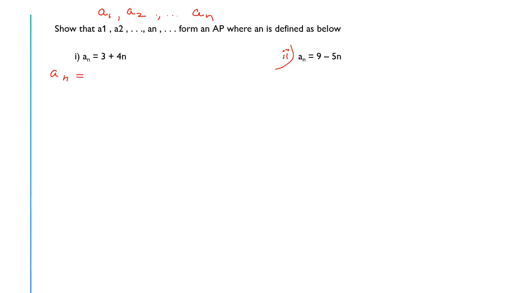You first put n equal to 1. Then A1, what will be the first term? 3 plus 4 into 1. 3 plus 4, 7. Okay. Second term, A2. What will be A2? 3 plus 4 into 2. What will be the answer?